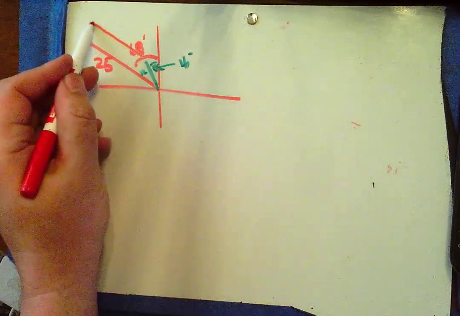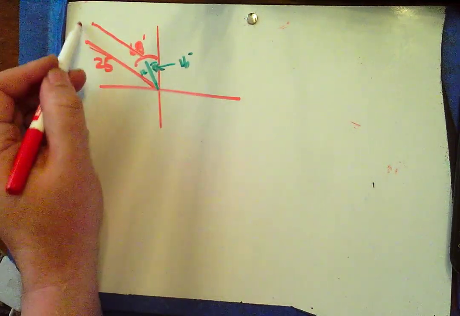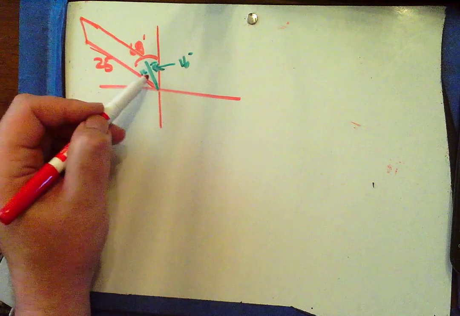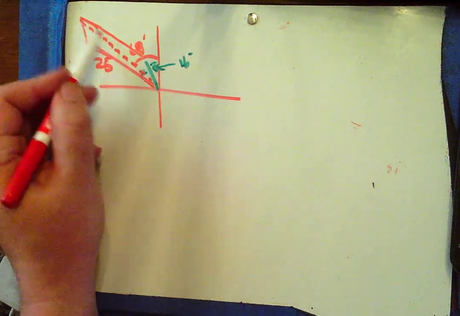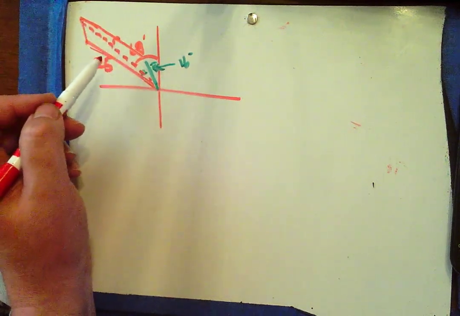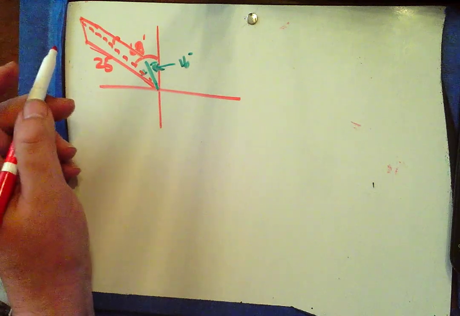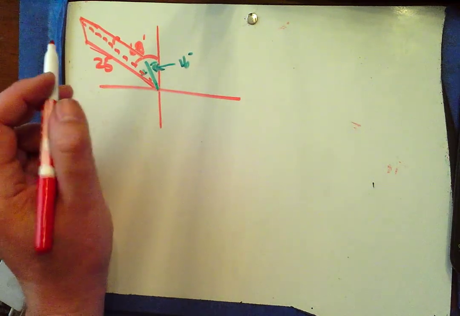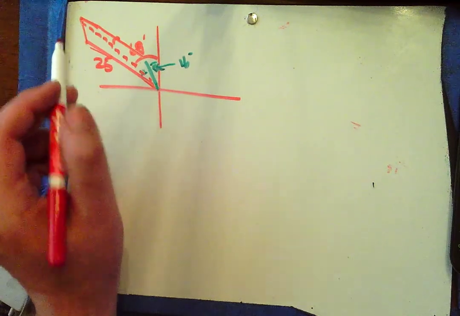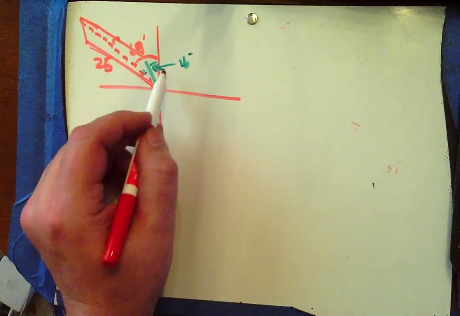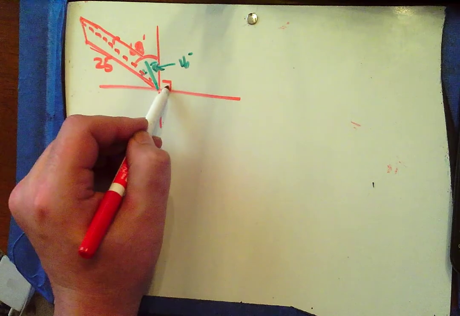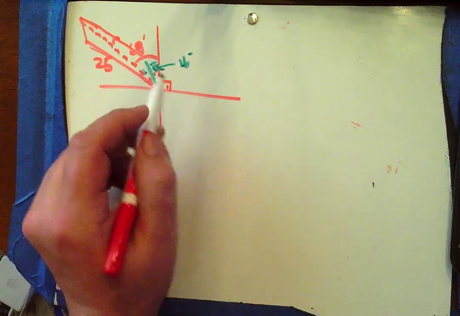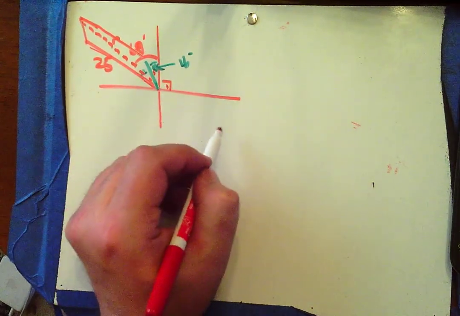Now, if we draw boat plus current, it's going to look like this, and there's our resultant vector. So we have a second quadrant resultant vector, and we should keep that in mind when we're finding theta r. So let's see what we can say. How big is the angle? Well, this part is 90, and this is 16. So 90 plus 16 is 106.